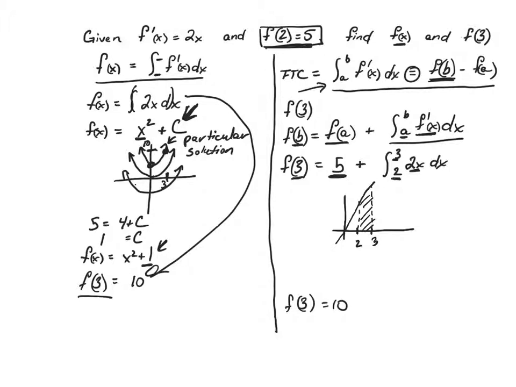This is the value I'm starting at when I'm at 2, and then the integral is going to take care of the area from 2 to 3 for me, so I can add it to that 5 and get my 10.